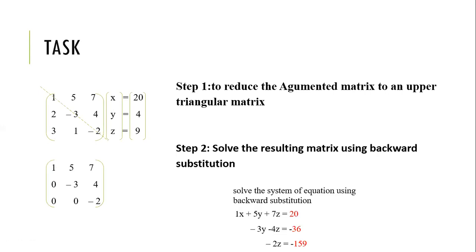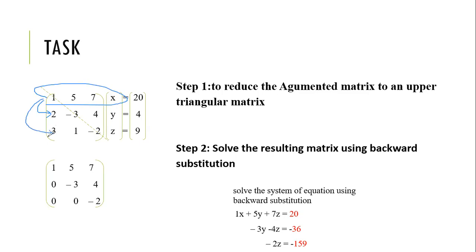In doing so, you take the very first row, and then you use that to reduce the element in the second row, first column, as well as the element in the third row, first column.